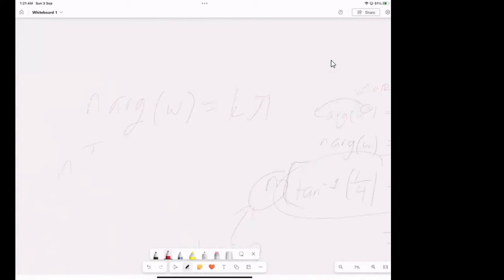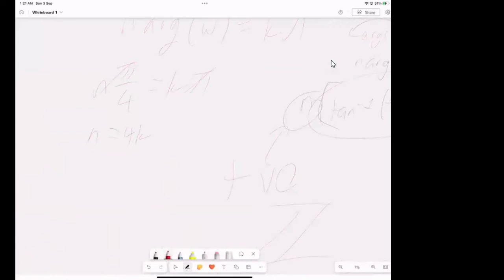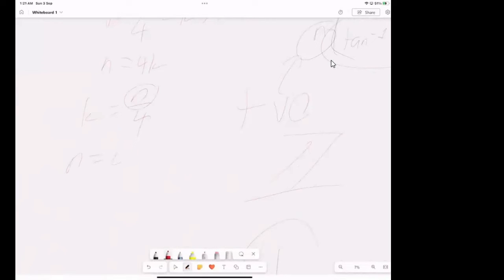So n pi over 4 equals k pi. So n equals 4k, or k equals n over 4. Since n is positive, n equals 4, n equals 8. When n equals 4, k equals 1; n equals 8, k equals 2.